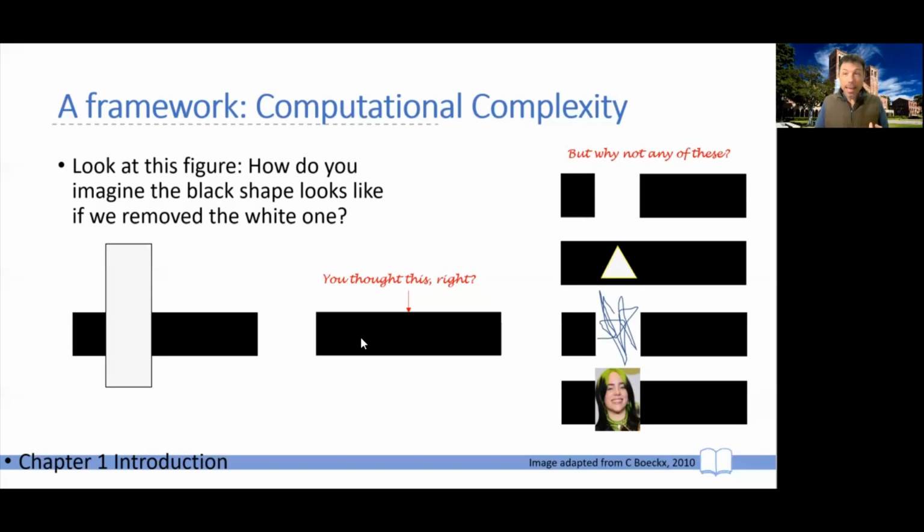And there are, in this simple case, infinite possibilities of what could be hiding under the white bar. And yet, despite the fact that there are infinite possibilities, 300 students, all right, let's say 299 students in this class all thought this is what's happening.